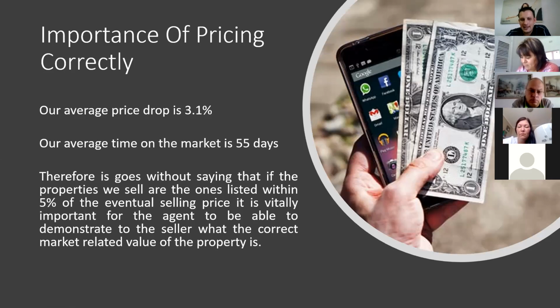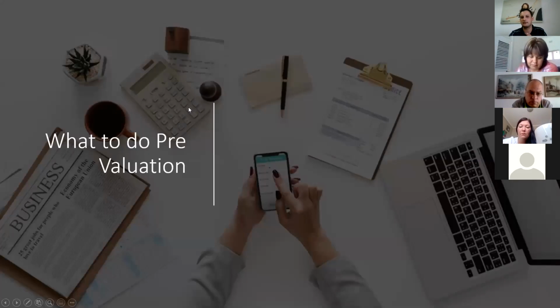Therefore, it goes without saying that if the properties we sell are the ones listed within at least 5% of the eventual selling price, it is vitally important that the agent is able to demonstrate to the seller what the correct market-related value of the property is. So between the 3.1% and the 5%, you can see we've branched out a little bit from the 3.1%. Whoops.